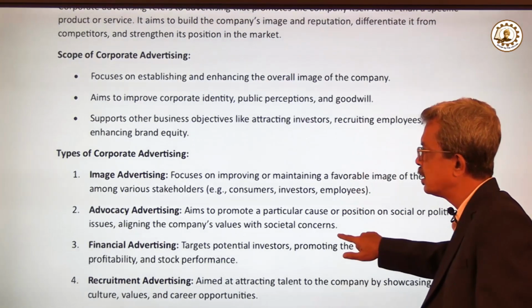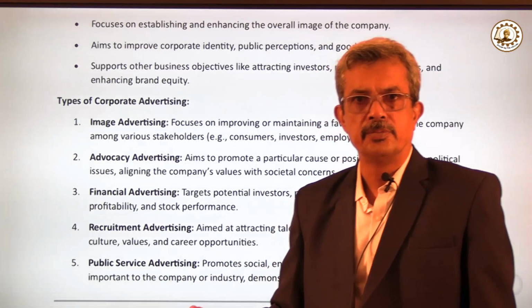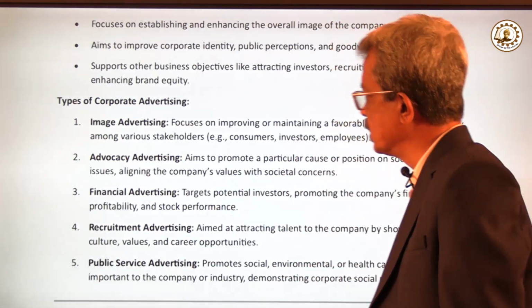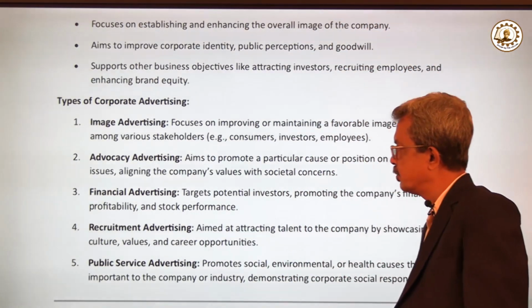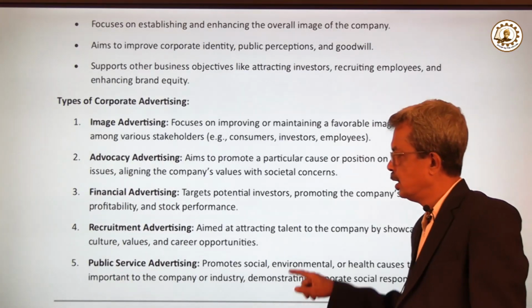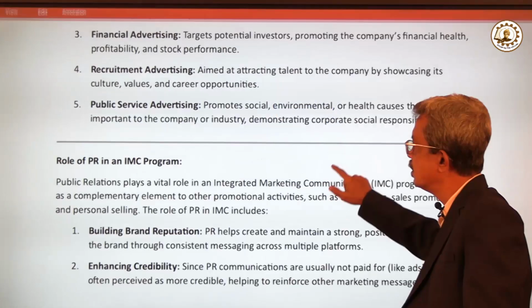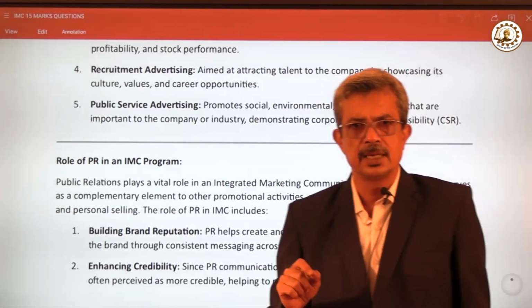Types of corporate advertising is a very important part of the PR topic. We talk about image advertising, advocacy advertising, financial advertising, recruitment advertising, and public service advertising. These are important things. Again, please explain each in one single line.